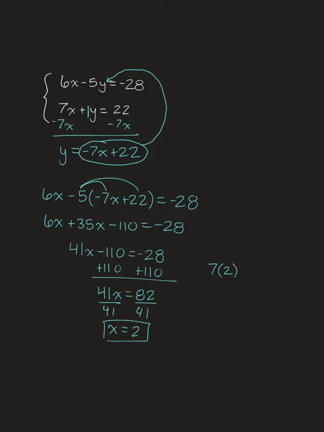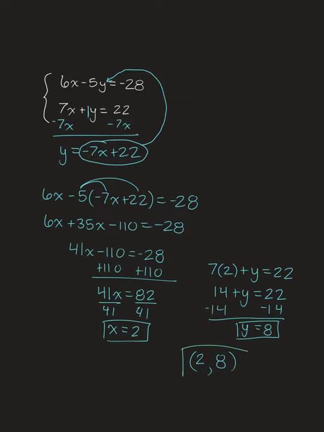So 7 times 2 plus y is equal to 22. So that's 14 plus y is equal to 22. Subtract 14 from both sides. y is equal to 8. So your coordinate point, or your solution, is 2, 8.